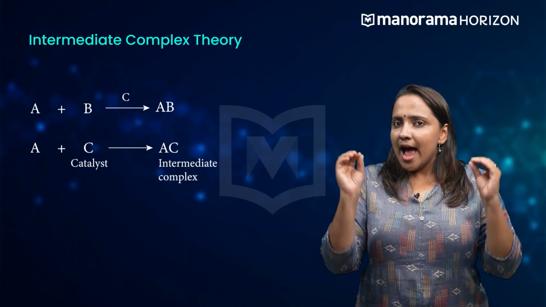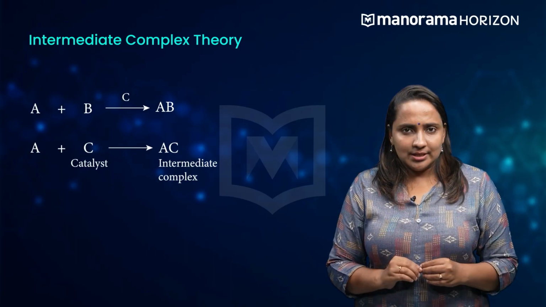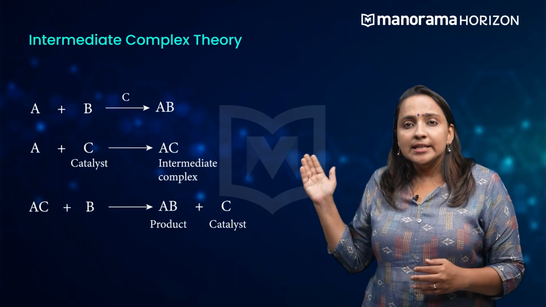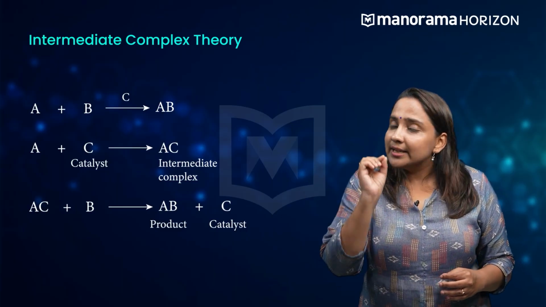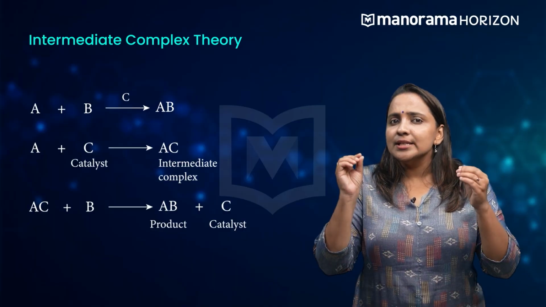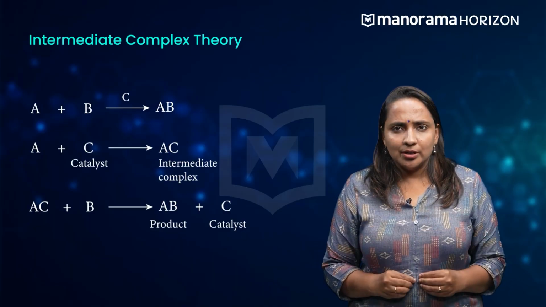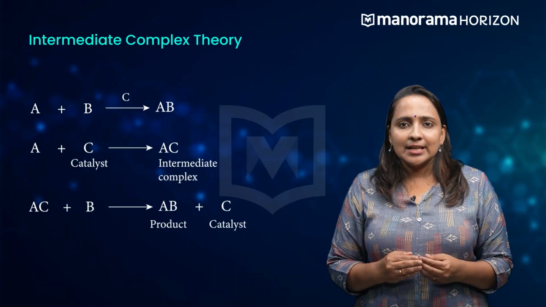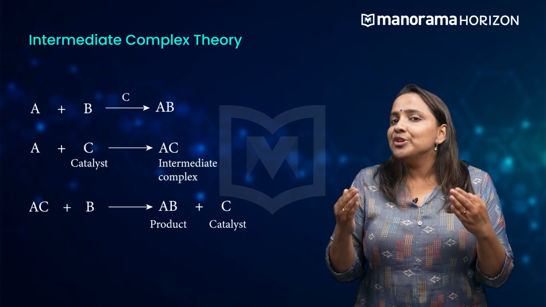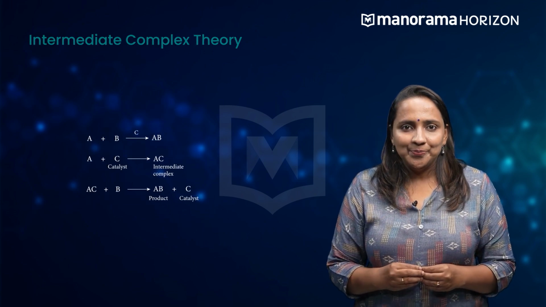This complex has transitory existence. The decomposition of this complex AC yields products and the catalyst C. This shows that catalyst is not consumed in the reaction. We may also describe the action of catalyst based on collision theory, which we will discuss in our next video.